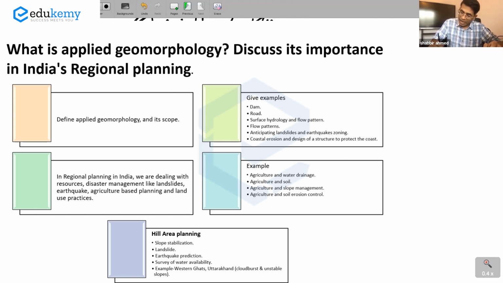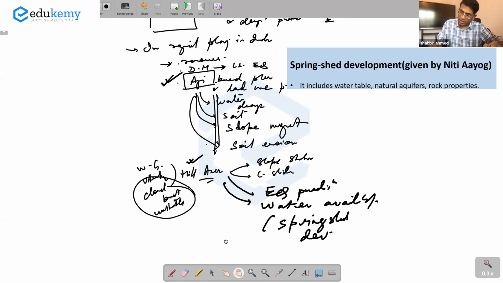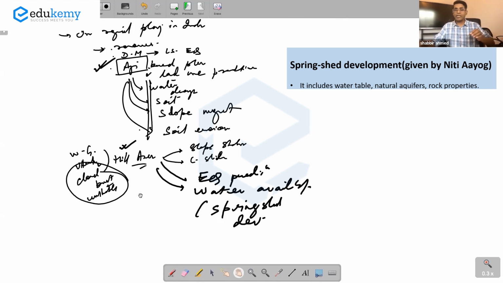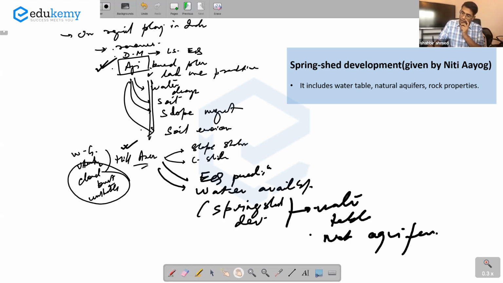We have a concept called spring shed development. Have you heard about spring shed development? An idea which has been mooted by Niti Aayog. Yes, spring shed based management. For spring shed based management, we must have a fair idea about the water table. We must know about natural aquifers. We must know about the rock properties and properties like percolation.